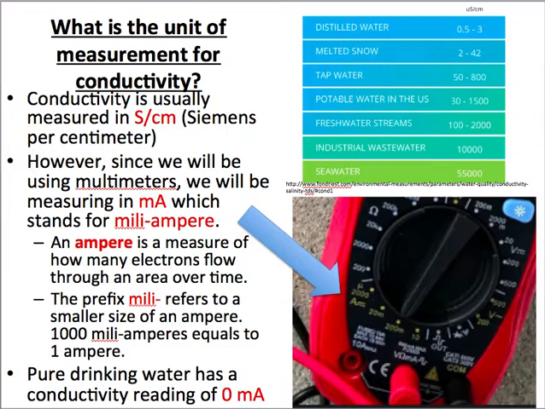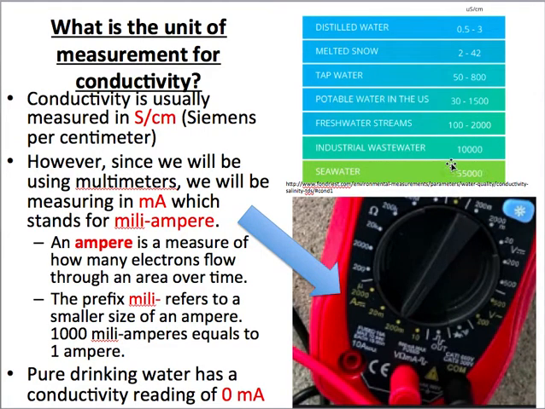So the unit of measurement for conductivity is new for you as well. Over here you can see the conductivity of several different types of water. Seawater, which has a lot of salt, as you guys know, has really high conductivity.